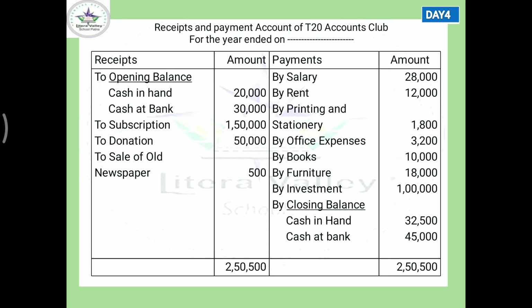Will you record it on the payment side? Yes or no? It will not be recorded. Why? Because salary is still outstanding. It has not been paid. There can be so many examples for this one.